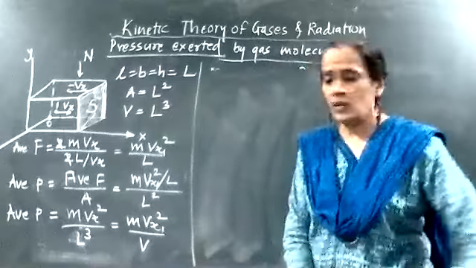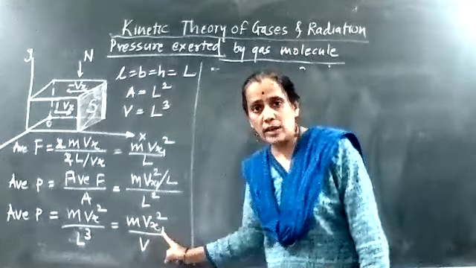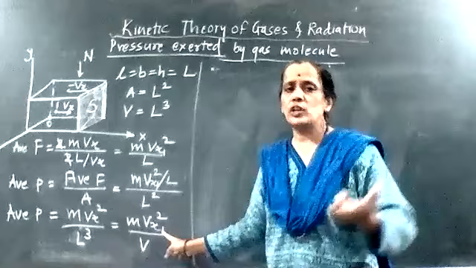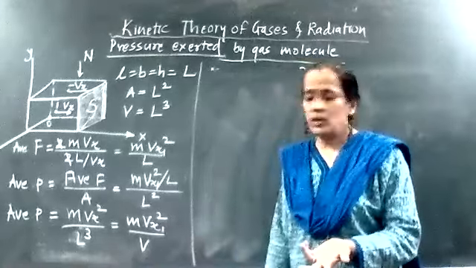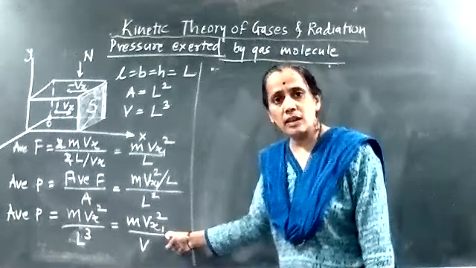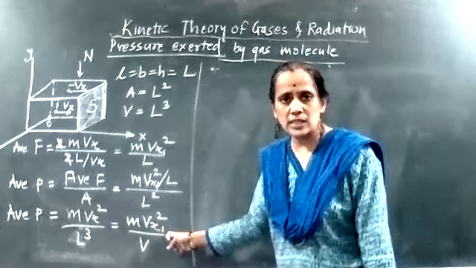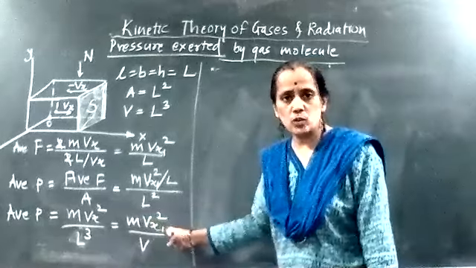See here, why am I calling it Vx1? Because this is the first molecule which we have considered. I can consider a second molecule, which has another velocity parallel to the x-axis, which is Vx2.